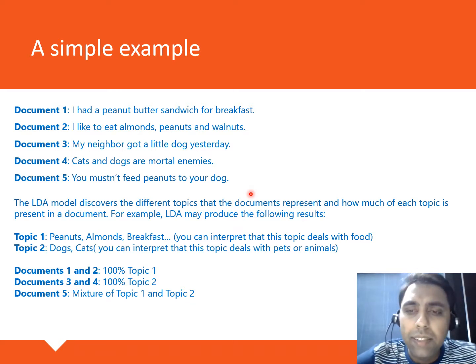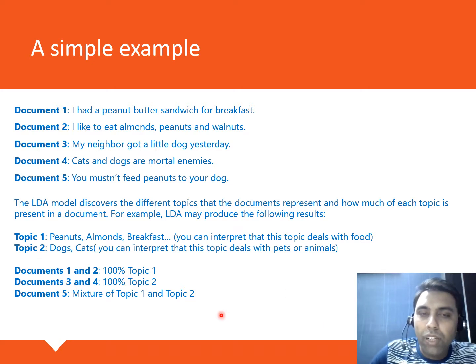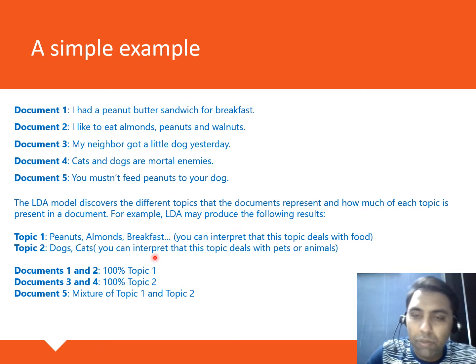Okay, and in this case, if you recall, when I was saying that there are 2 topics, one about food, breakfast or nuts, and the other one about animals, what topic modeling will do, and we will look at it when we go through the rest of the video, is give me the topics and the underlying words in each of the topics, but it will not explicitly tell me how to label or call each topic.